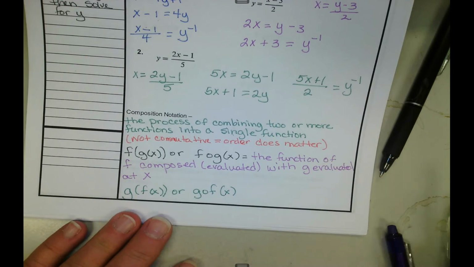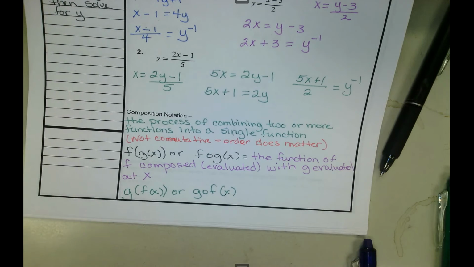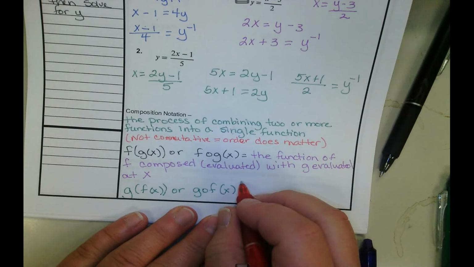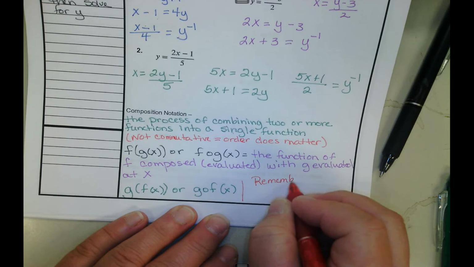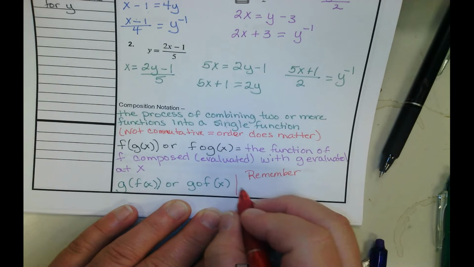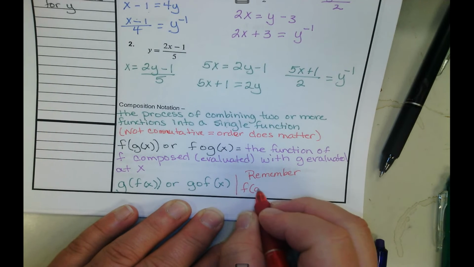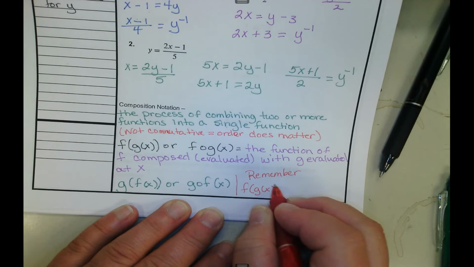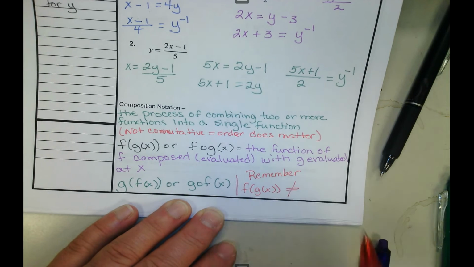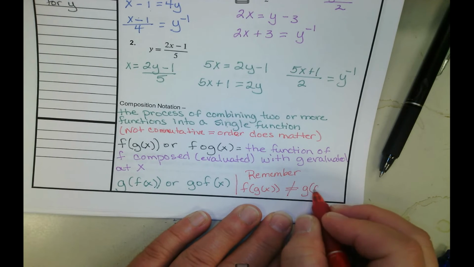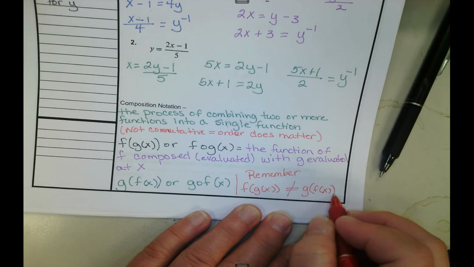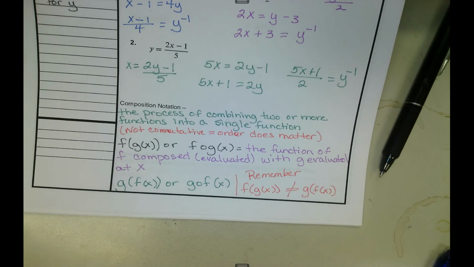Remember, f evaluated with g evaluated with x is not equal to g evaluated with f, which is evaluated with x. Those are not equal. There's no commutative property here.